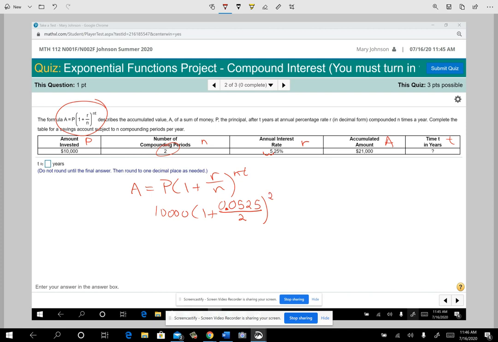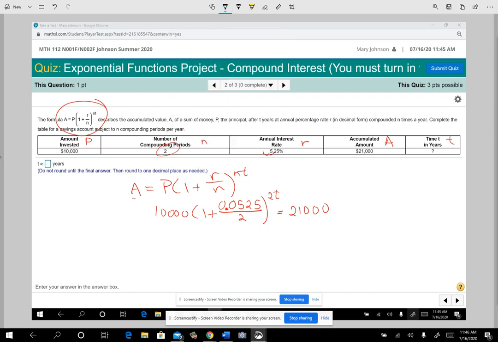And then we're going to put a 2 up here along with the T, but we don't know the T. Okay. That's the unknown. And we're trying to find out how long it takes for that to reach 21,000. Now I could have put it on the left side, over here where the A is, but I just want to know when that's equal to 21,000. And I like my unknown to be on the left. So that's why I did that.